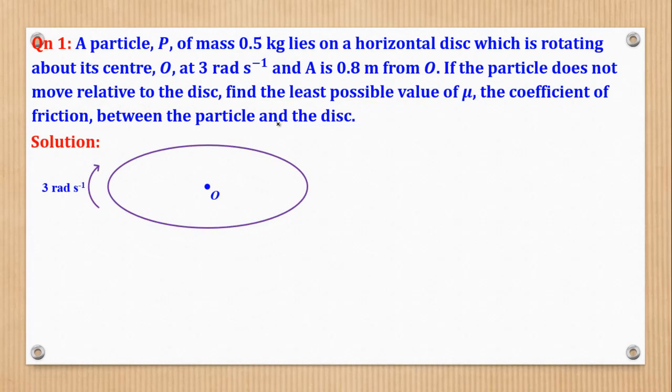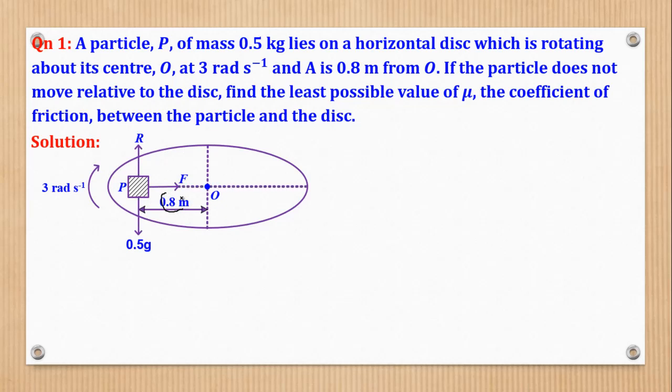So we have that angular velocity, particle, weight, normal reaction. The distance from the center to the particle is 0.8.